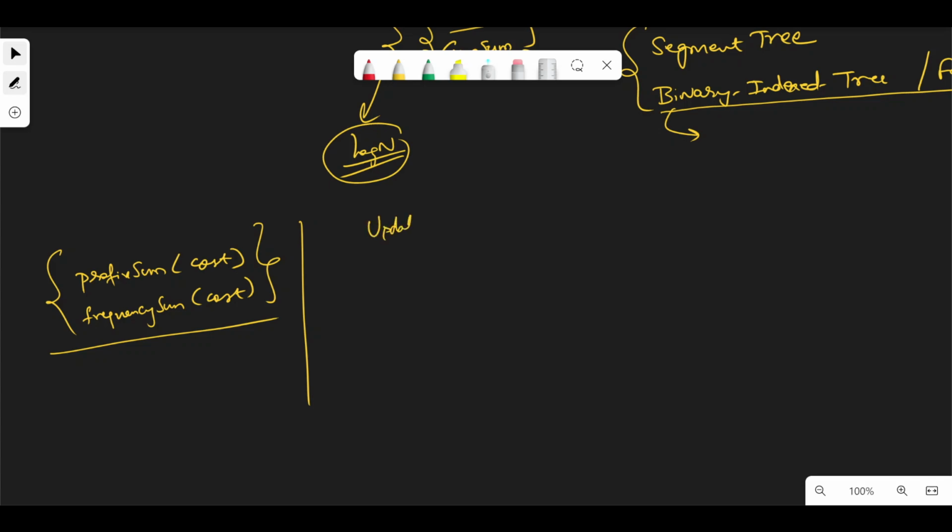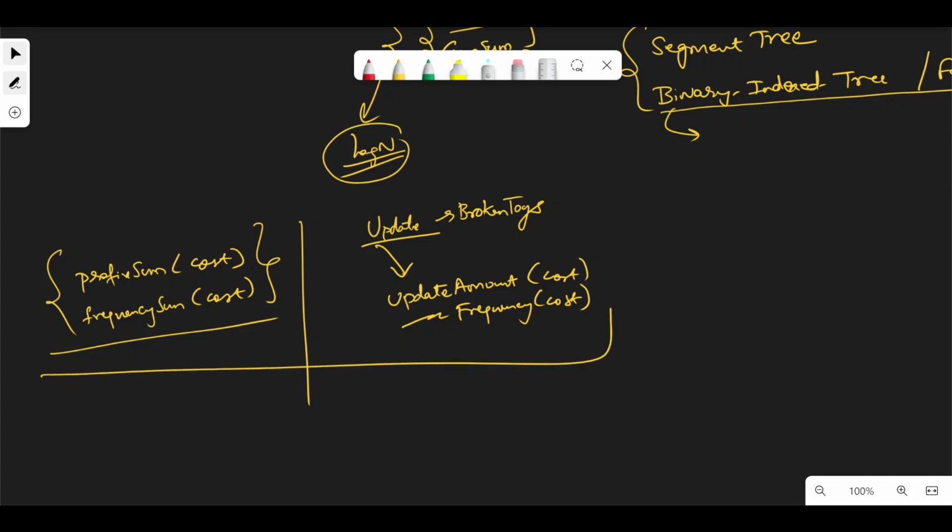This update is because of broken toys, right? So what this means is I want to be able to update the amount spent till a cost and similarly update the frequency for a cost. And that could be because I want to remove certain broken toys. And this capability to be able to do this optimally can be provided by binary index tree.